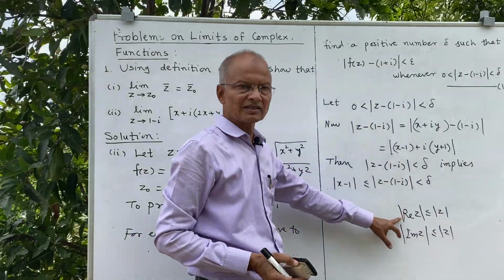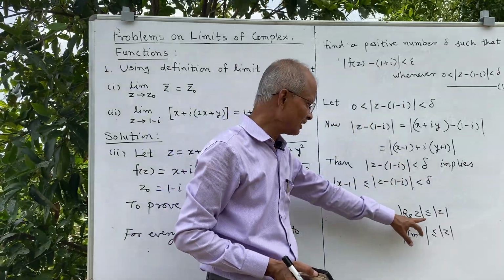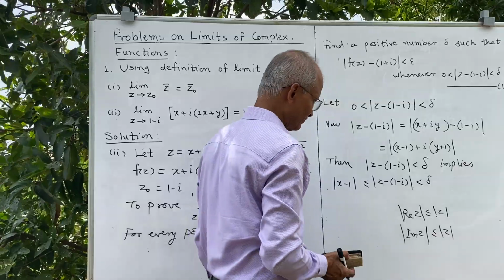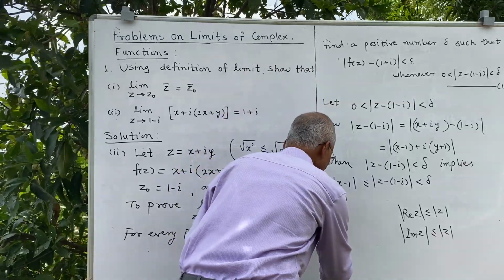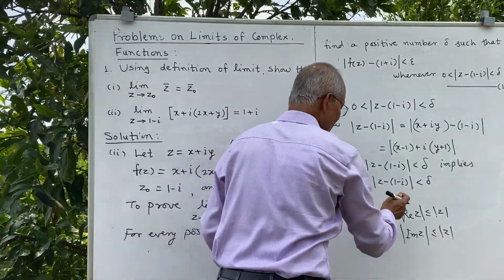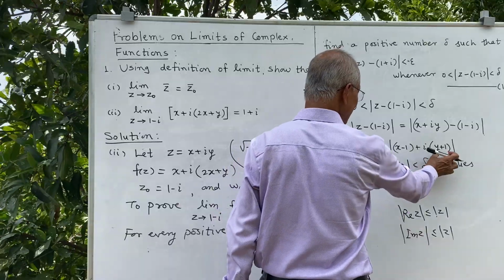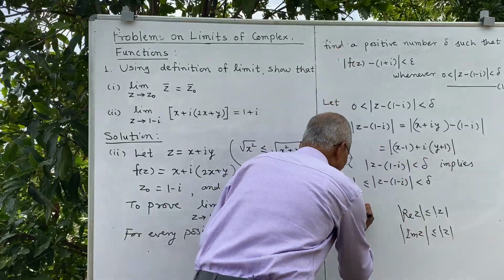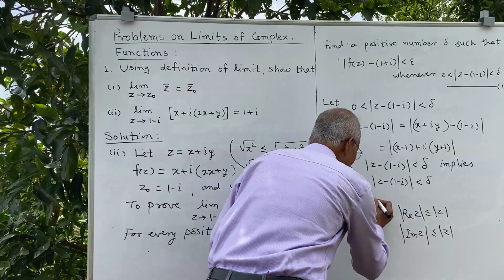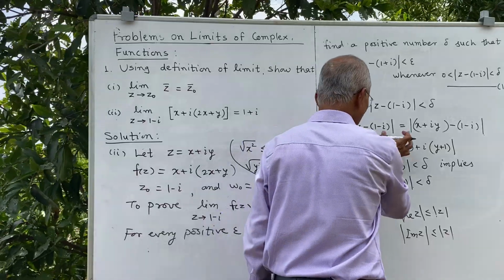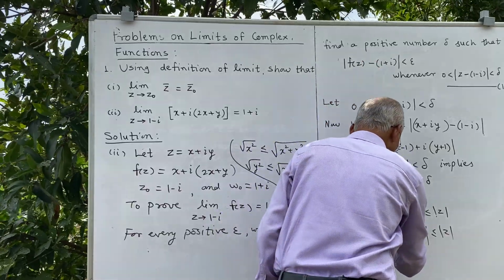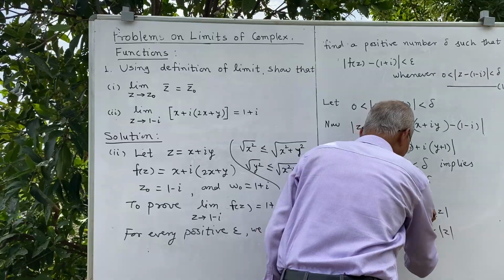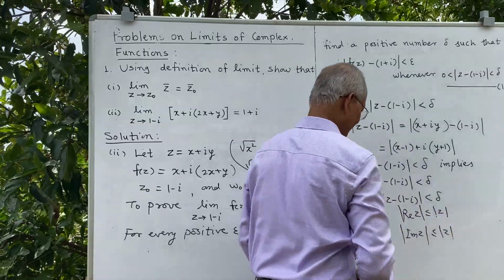So because the absolute value of real z is less than or equal to the absolute value of z, and what is the imaginary z? Imaginary z is y plus 1, its absolute value is less than or equal to the same, that is mod of z minus 1 minus I, and that is less than delta.